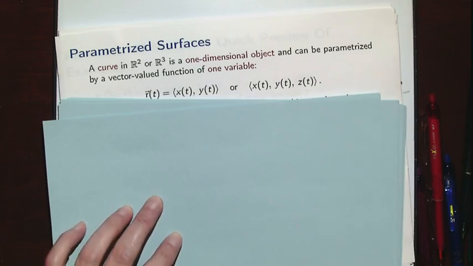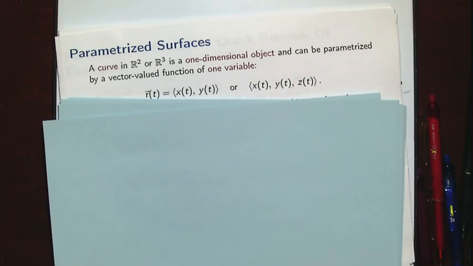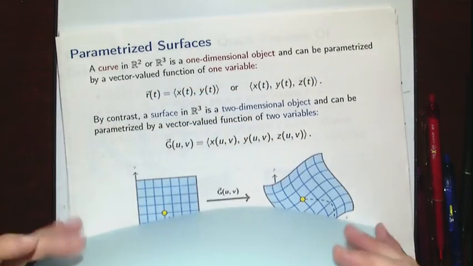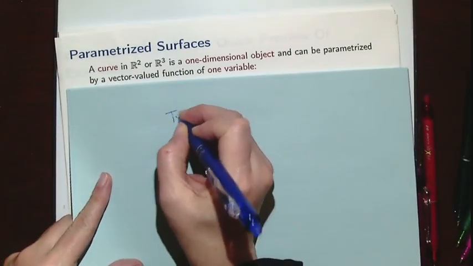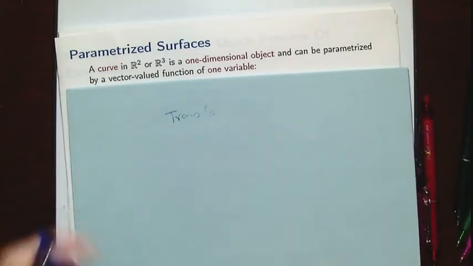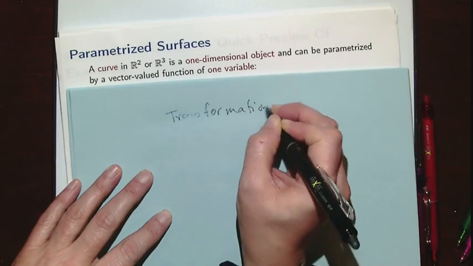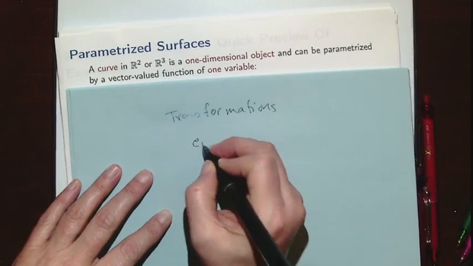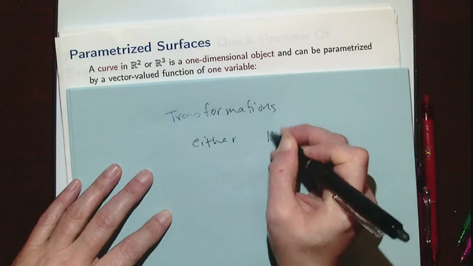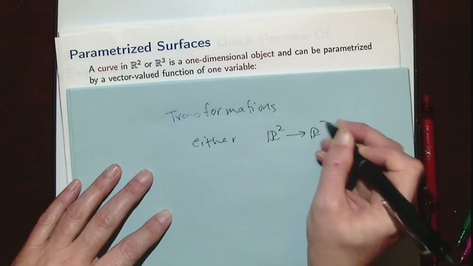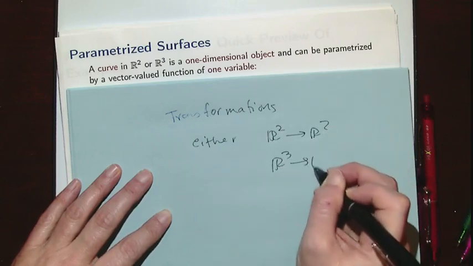Do you guys remember transformations, they were always either from R2 to R2 or R3 to R3.